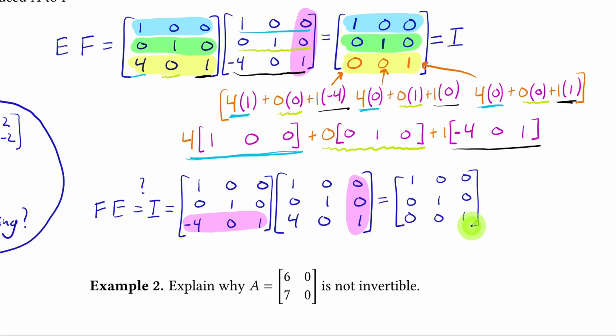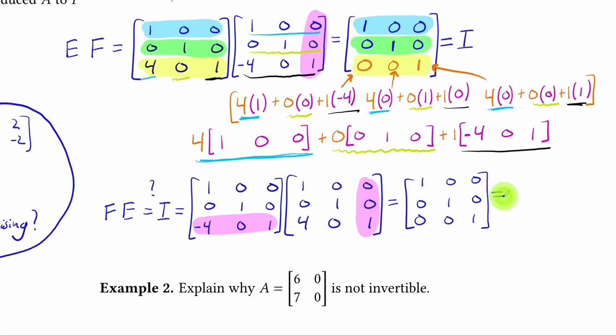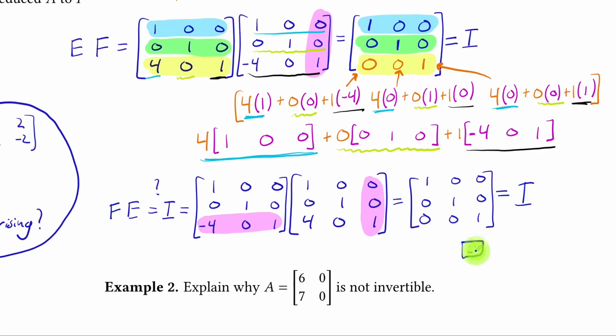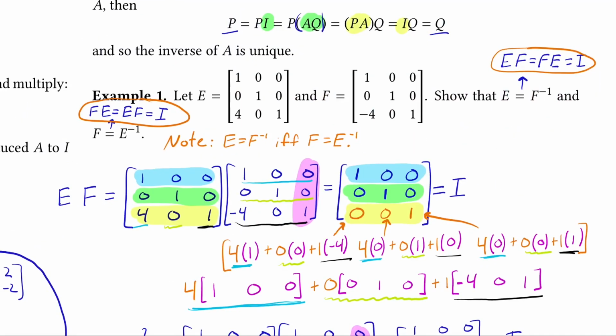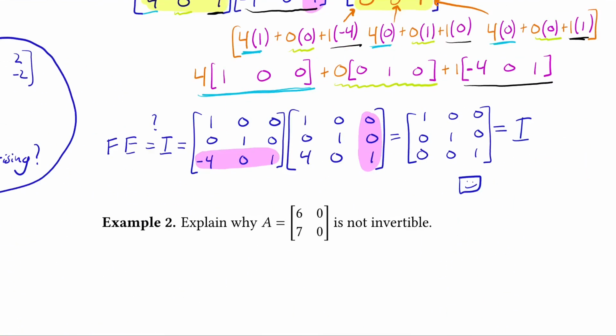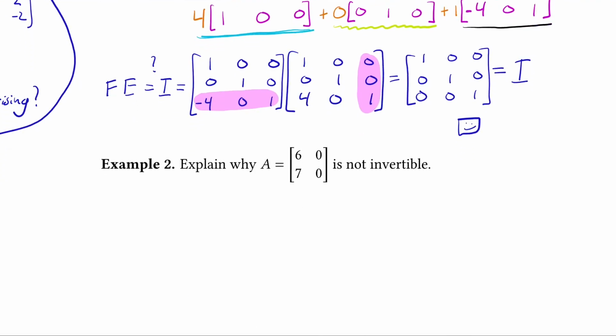So yeah, you get the identity matrix either way. So we can conclude that F is E inverse and E is F inverse. So yeah, let's look at example 2.